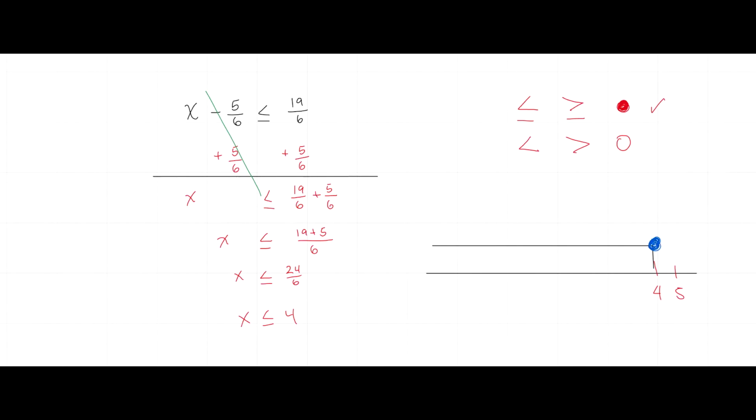Now here you have the number 3, the number 2, the number 1, 0, -1, -2, -3, negative infinity. So the possible answers are in all this area right here. This is gonna be our first example.